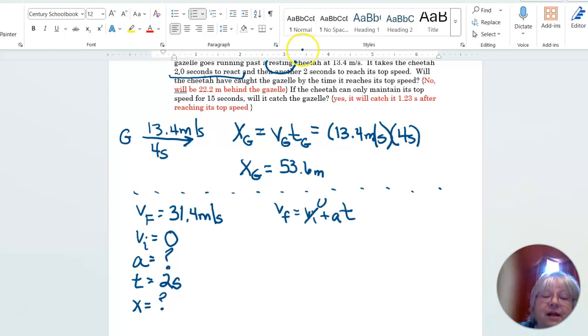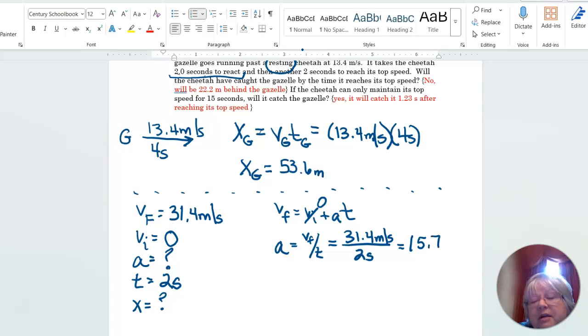And my initial velocity is 0. So that means my acceleration is my final velocity divided by the time, or 31.4 meters per second divided by 2 seconds, which means that my cheetah's acceleration is 15.7 meters per second squared.